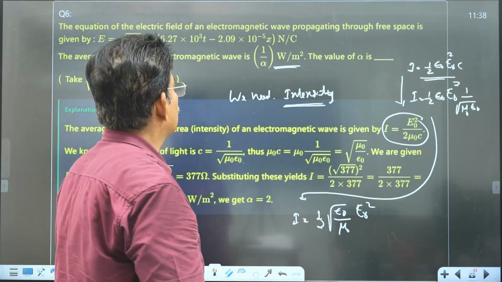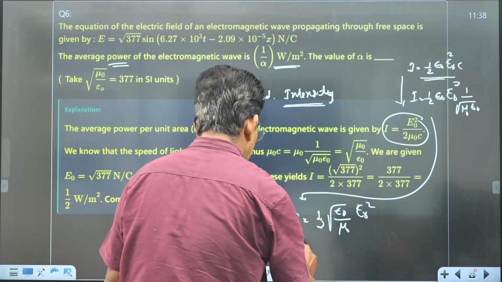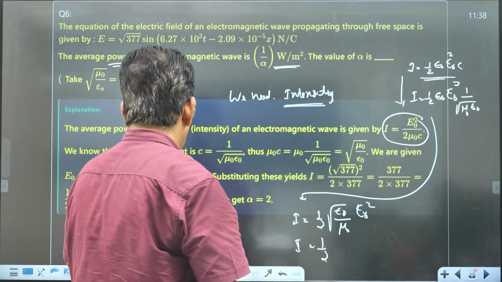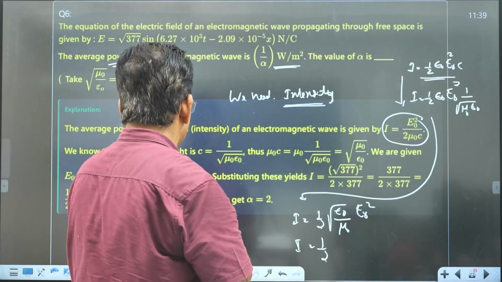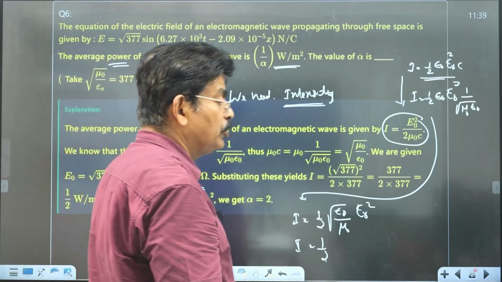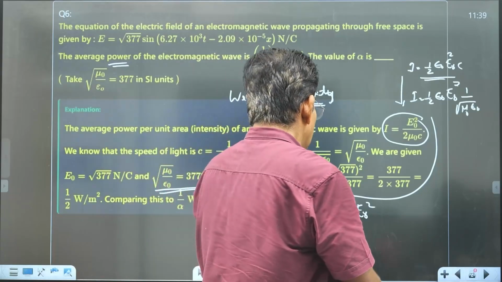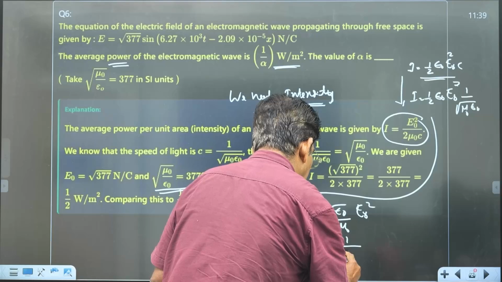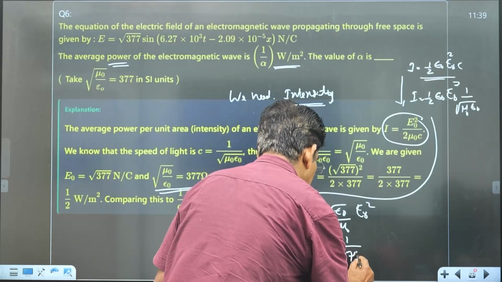Now come to the question. Intensity I have to calculate, half. Root of mu 0 by epsilon 0 is 377. But here it is root of epsilon 0 by mu 0, so it will be 1 by 377.